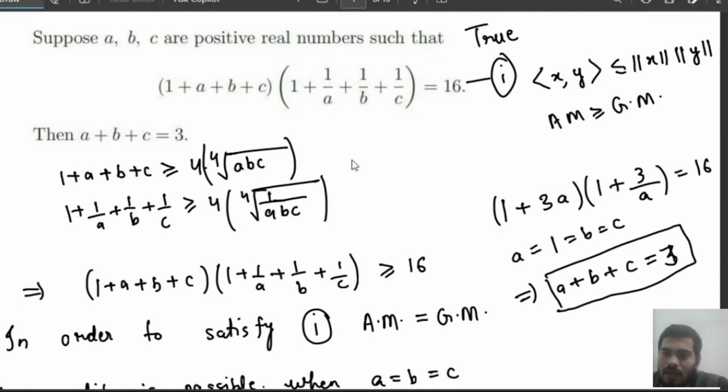And there is another way to apply the Cauchy-Schwarz inequality. And again, what you will observe is that in that case, the equality will occur. And equality in the Cauchy-Schwarz inequality, when does that occur? If one vector is a multiple of the other vector, right?